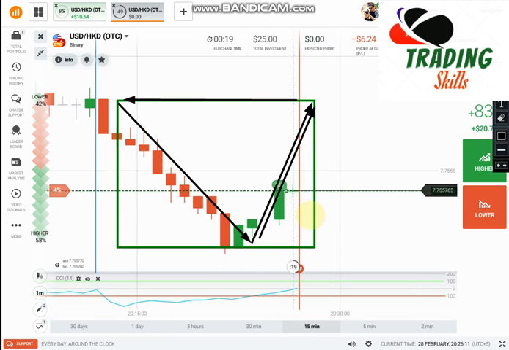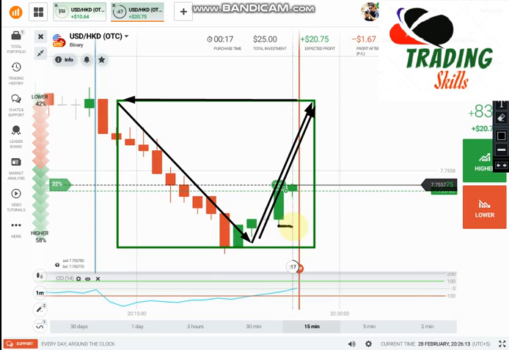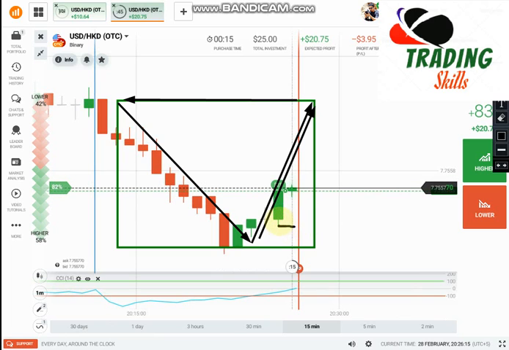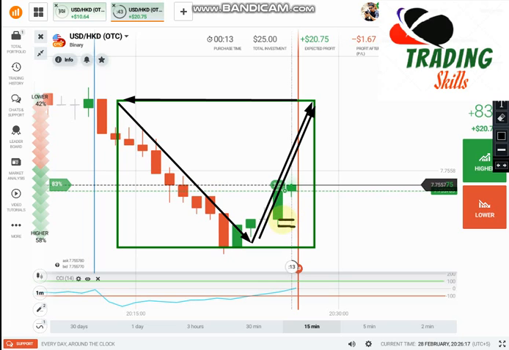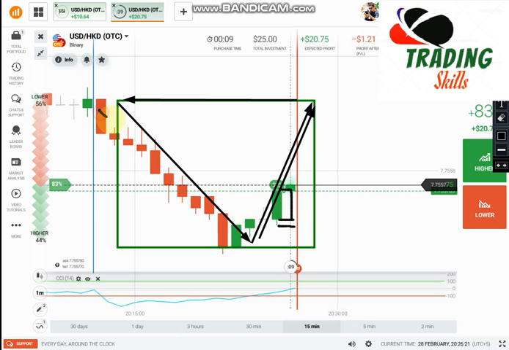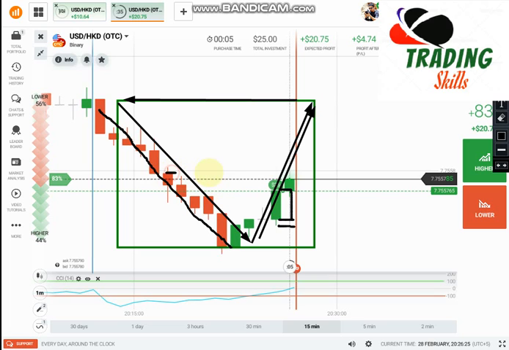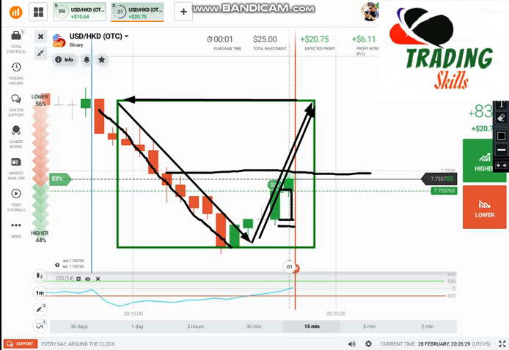Let me show you, and we can read this candle like this: a rejection from the buyers, a very strong body, and I am seeing a momentum on the left side, so there is no level. So because of this the market will go up.